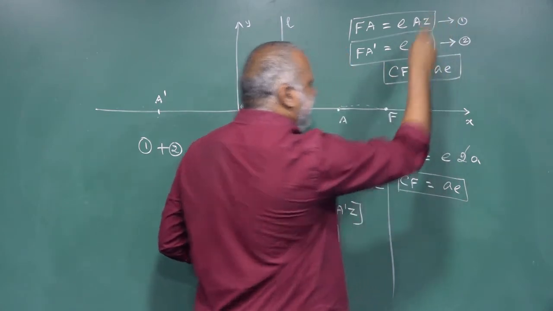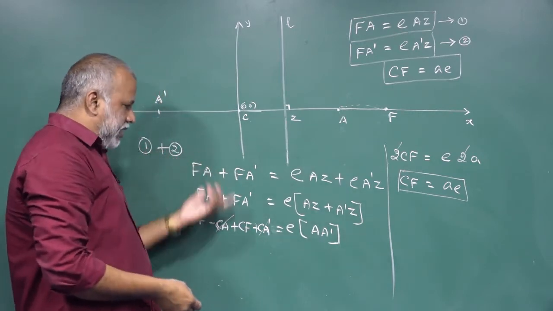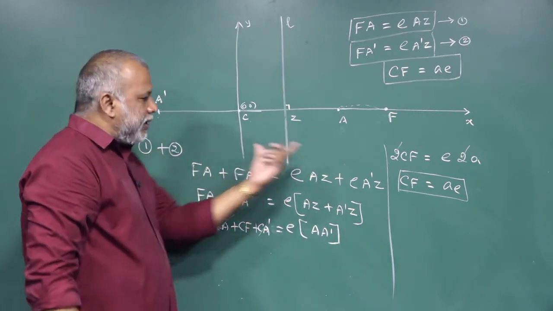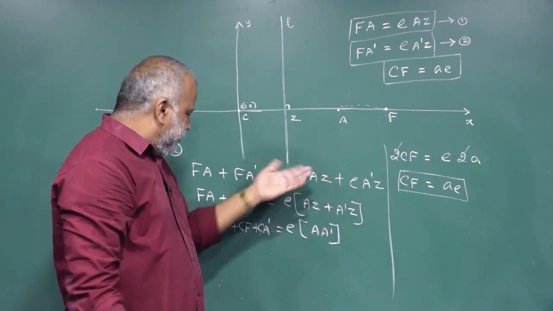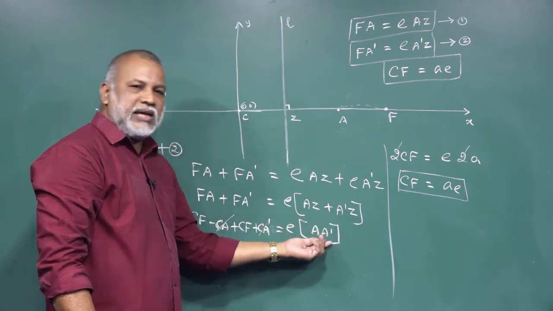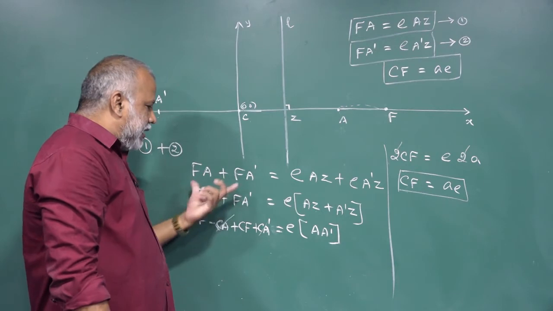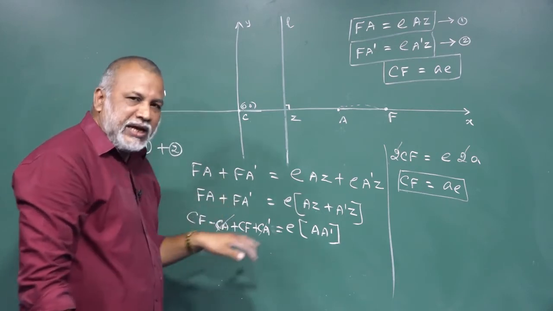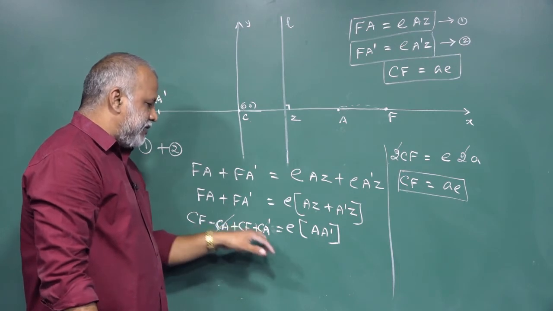So when we are adding results 1 and 2, we take the LHS separately and RHS separately. In your RHS take out e as common, then work out. This AZ plus A dash Z can be written as A dash. Here we have two distances, FA and FA dash. These two distances must be converted from the center: CF, CA, CF, CA dash.